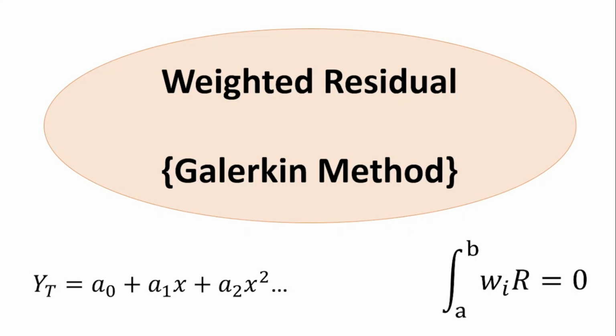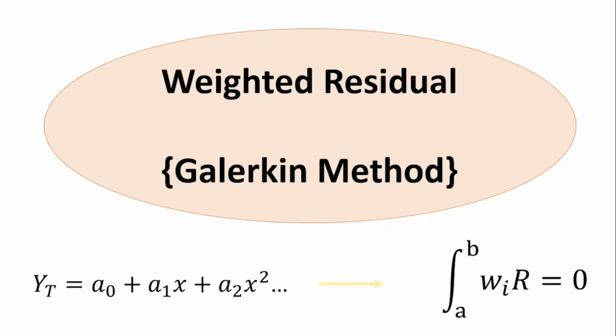The summary is that it is a function of the nodes. If it has two nodes, you're supposed to have at least two terms. If it has three nodes, the least you can have is 3 terms. If you have 4 nodes, the least you can have is 4 terms. Like this trial function that we have, y_t is equal to a0 plus a1x plus a2x squared. It is 3 terms.